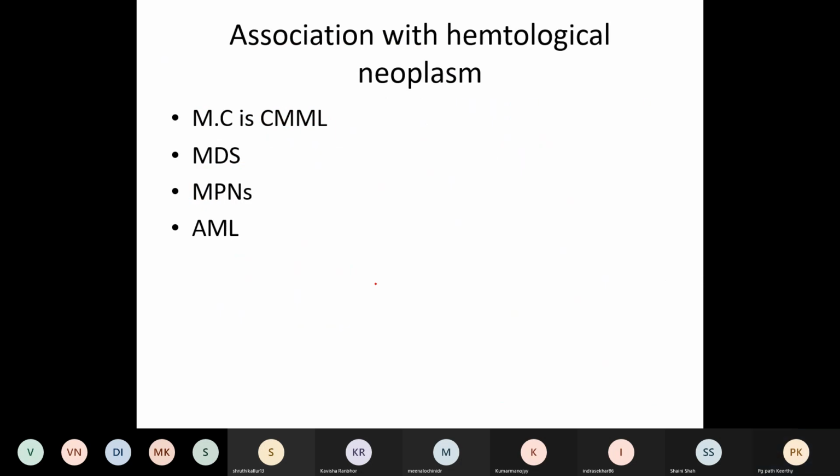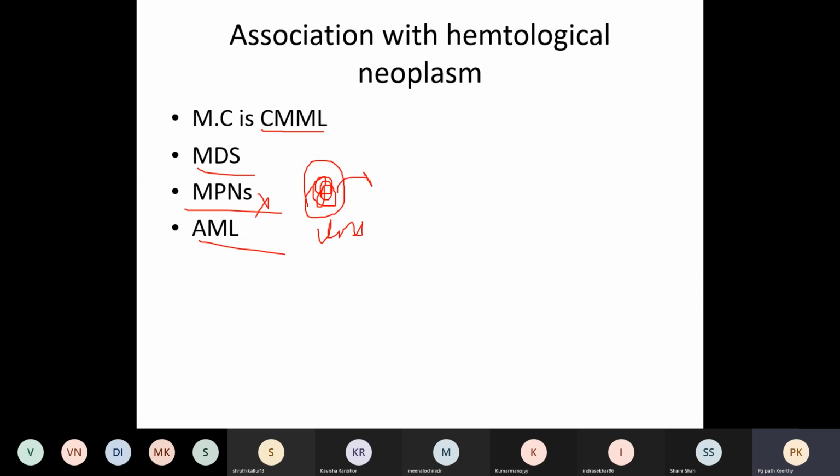That's it. Now, what are the associations? Systemic mastocytosis can occur as a part of another neoplasm, that is chronic myelomonocytic leukemia, MDS, MPN, and acute myeloid leukemia. These are also malignant cells, right? They already have so many mutations, so they are very unstable.